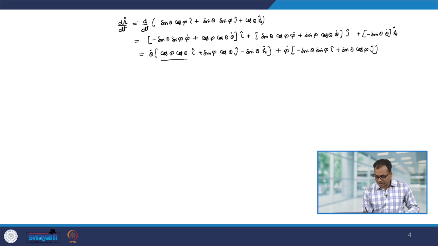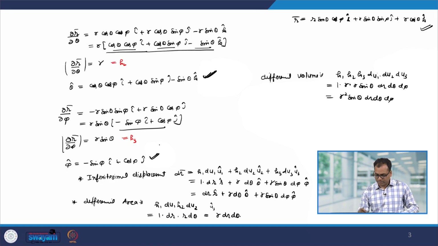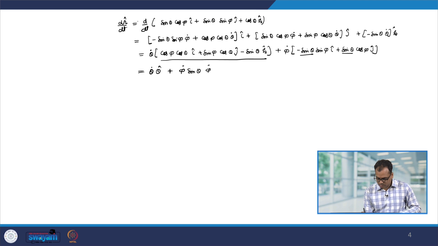Now, this term in the bracket is nothing but theta cap, you can see here, and we have phi dot. I can take sin theta as a common factor, and then whatever is left is phi cap. Therefore, r cap dot becomes theta dot theta cap plus phi dot sin theta phi cap.